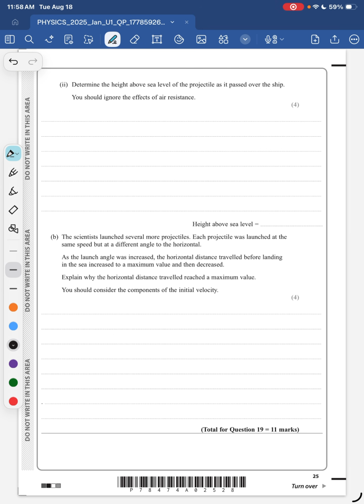Let's do part 2. Determine the height above sea level of the projectile as it passed over the ship. You should ignore the effects of air resistance. In the y direction, we can again use s is u times t plus 1/2 at squared. So y, the height, is going to be uy, the initial velocity in the y direction, times t minus 1/2 gt squared.